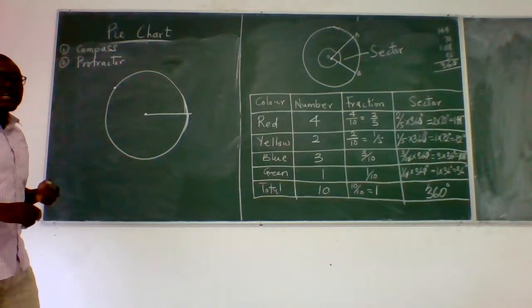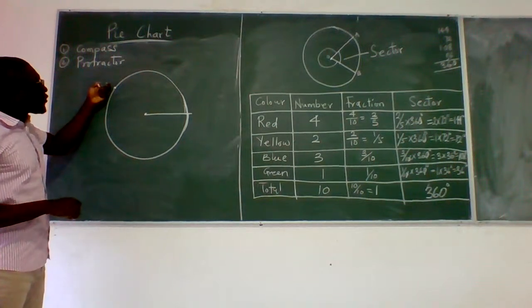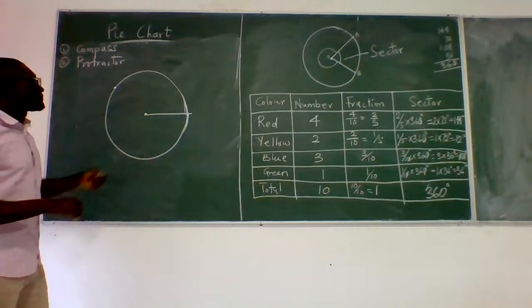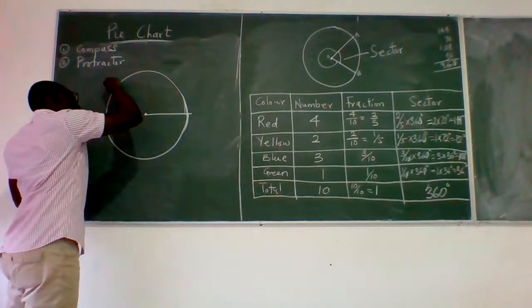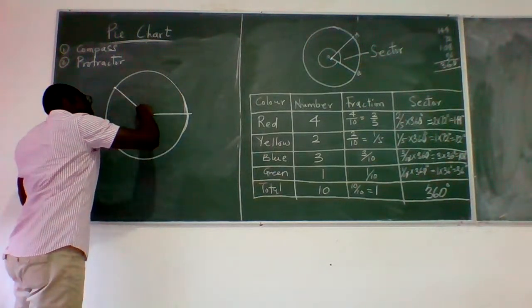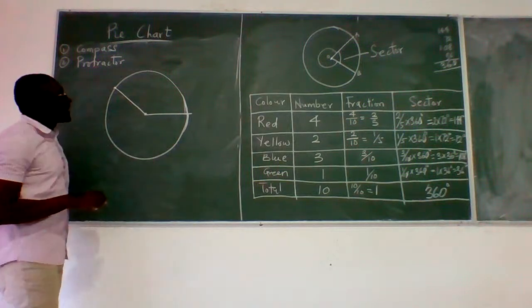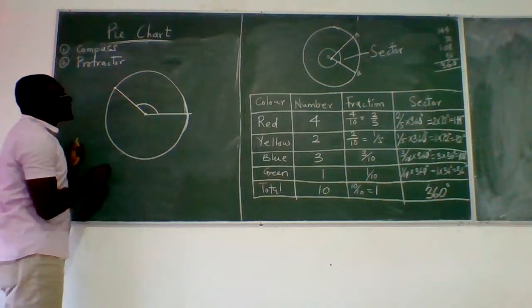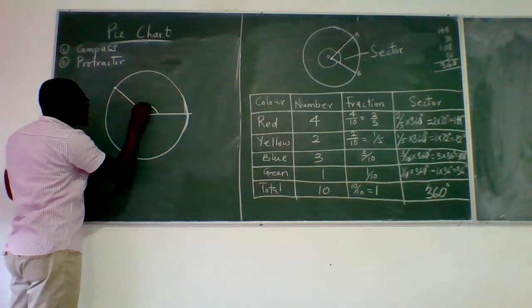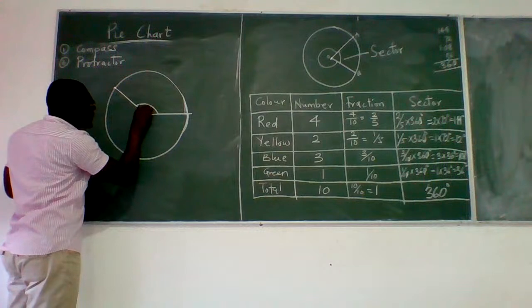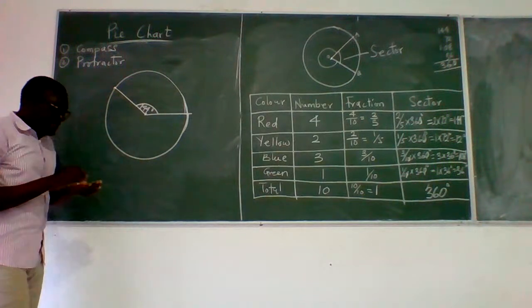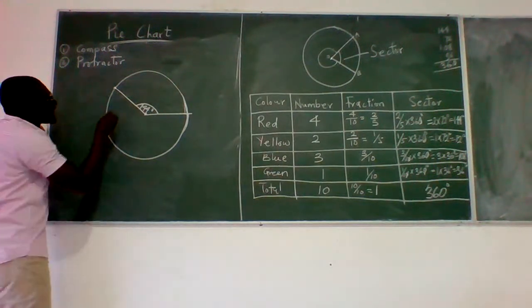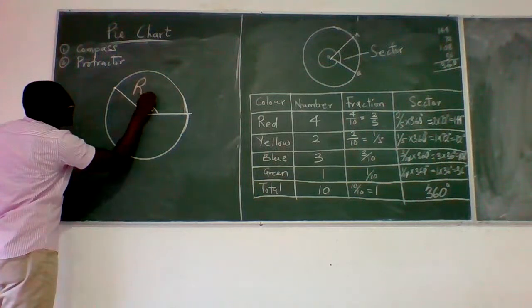So now you join this point to the center with a ruler. Okay, so now you have this sector and the angle here is 144 degrees, and we are saying that this sector represents color red.